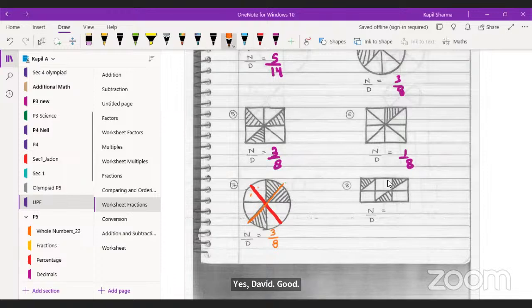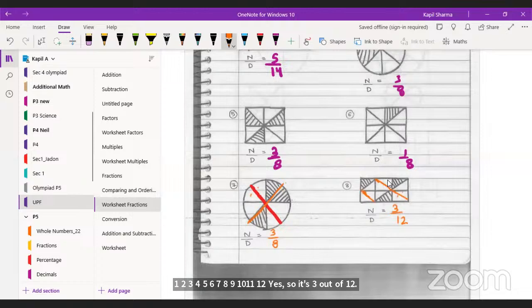So if you look at this carefully, we need to divide this further. So now we can see like this. 1, 2, 3, 4, 5, 6, 7, 8, 9, 10, 11, 12. Yes, so it's 3 out of 12.